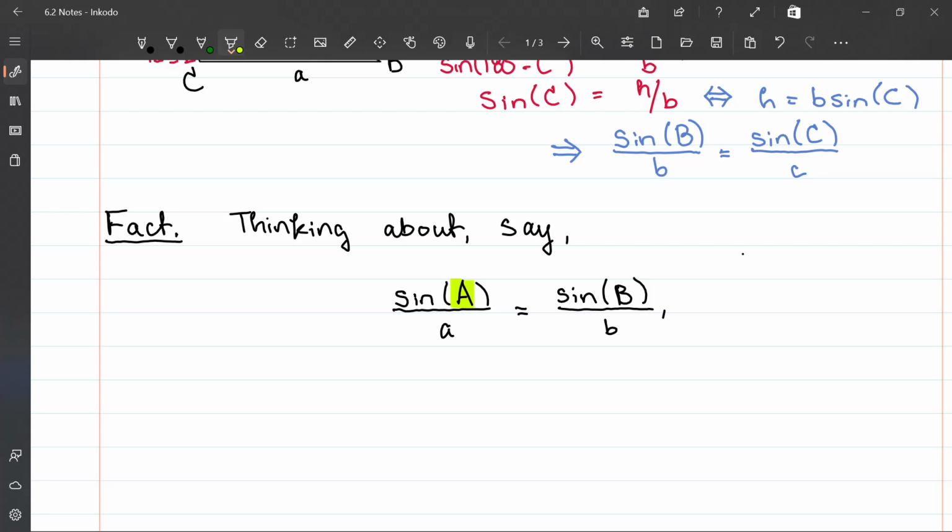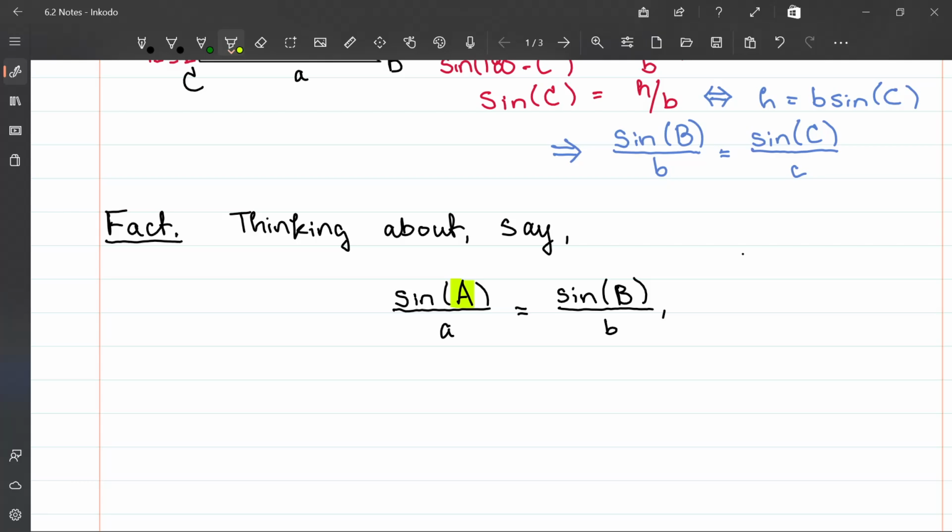Once again, though, notice, when we have big A as an unknown, we have three things we don't know. In this case, two of them are sides. However, we end up with an angle, and the angle and one of the sides are opposite each other. I'd like for you to think about this and maybe play around with it a little bit to verify that what I'm about to say is true.